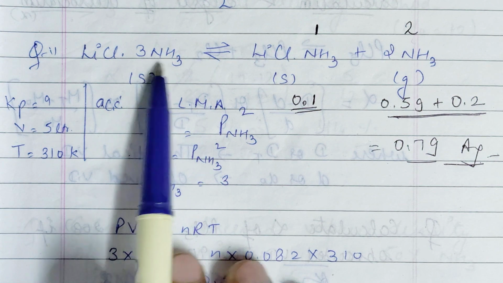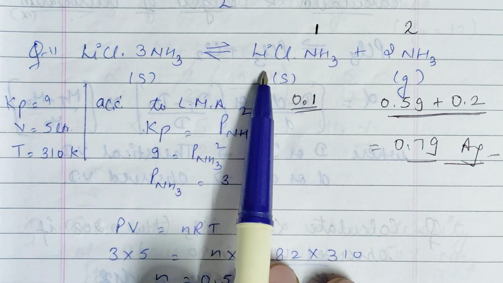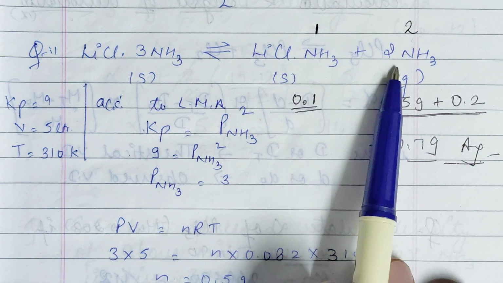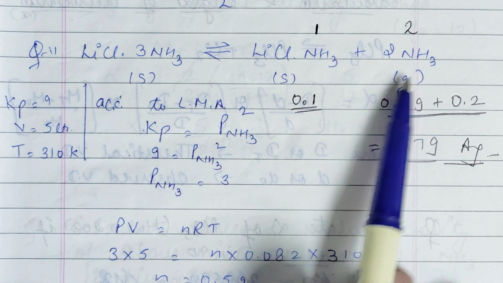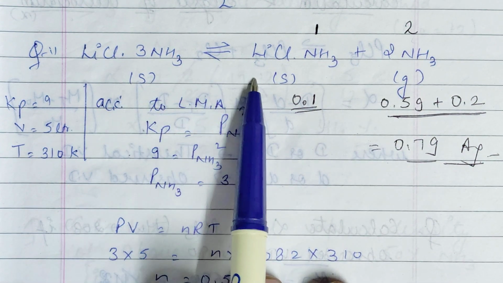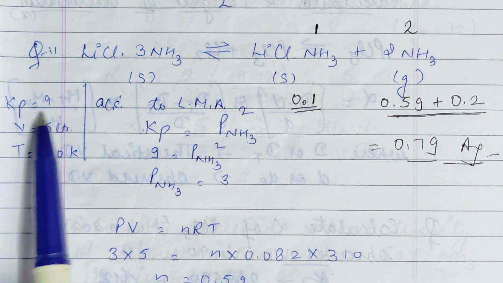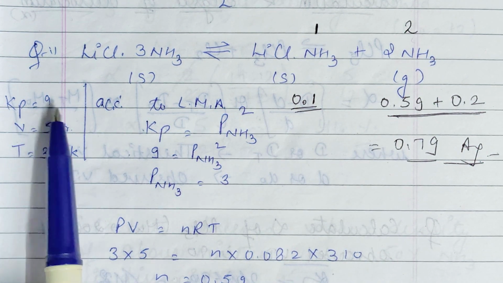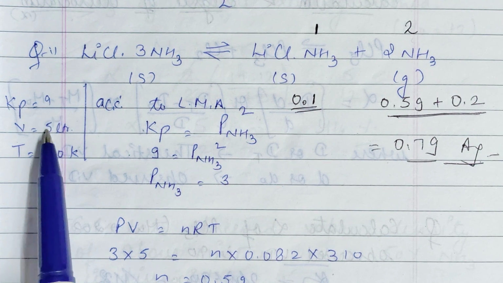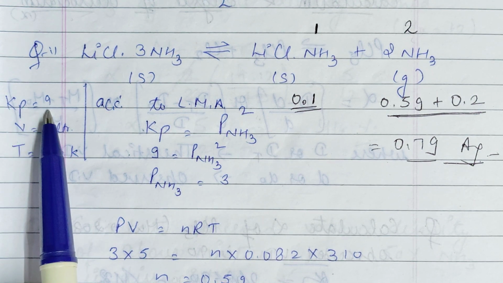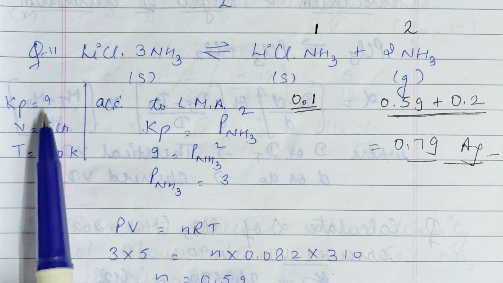LiCl·3NH3 gives LiCl·NH3 plus 2NH3. So this is solid, this is solid, and this NH3 is gas. So Kp here is given.